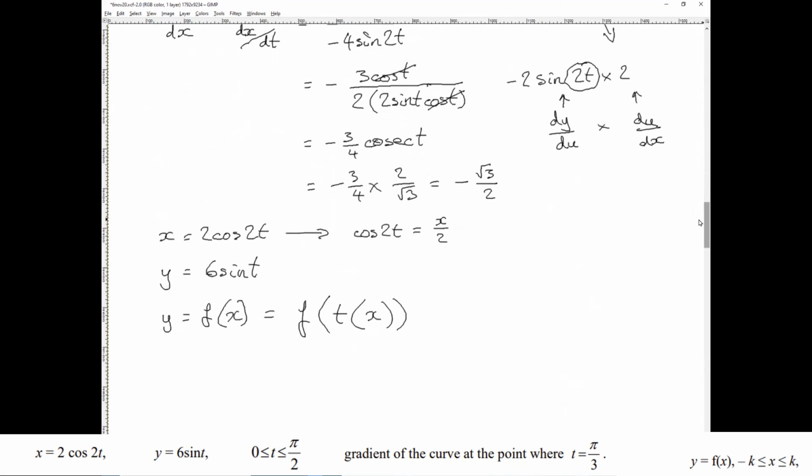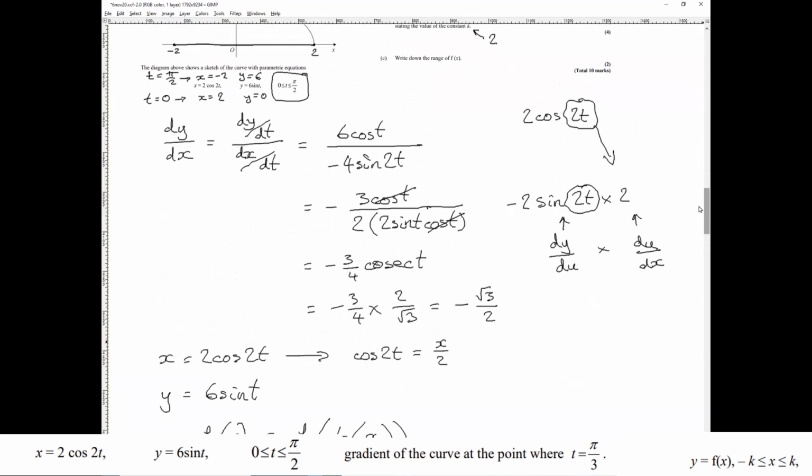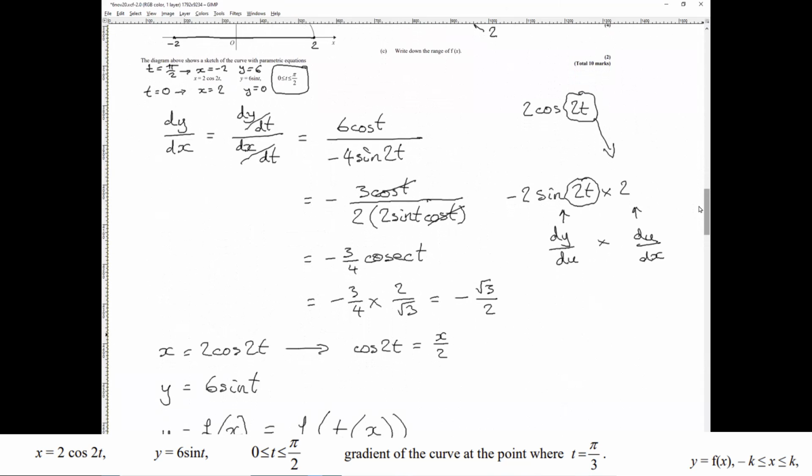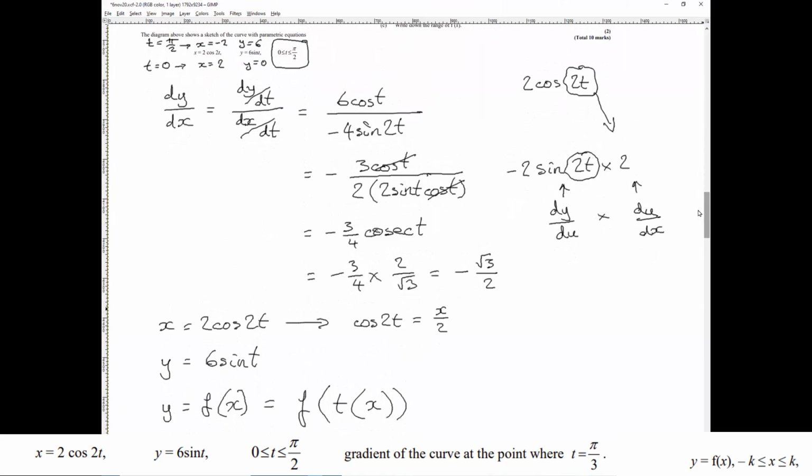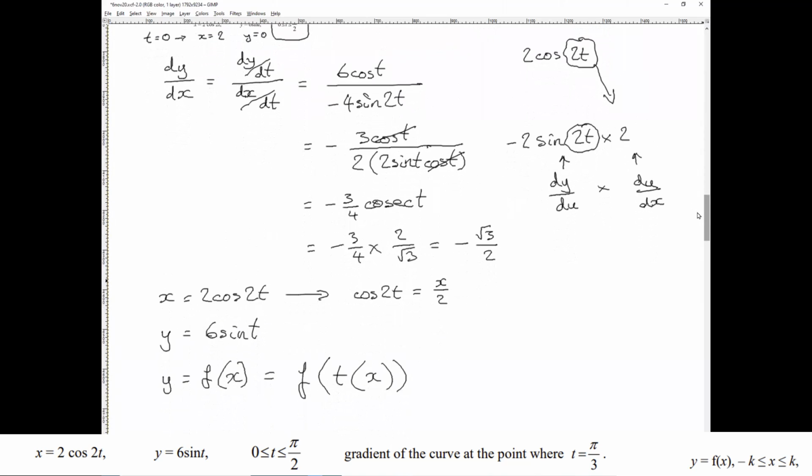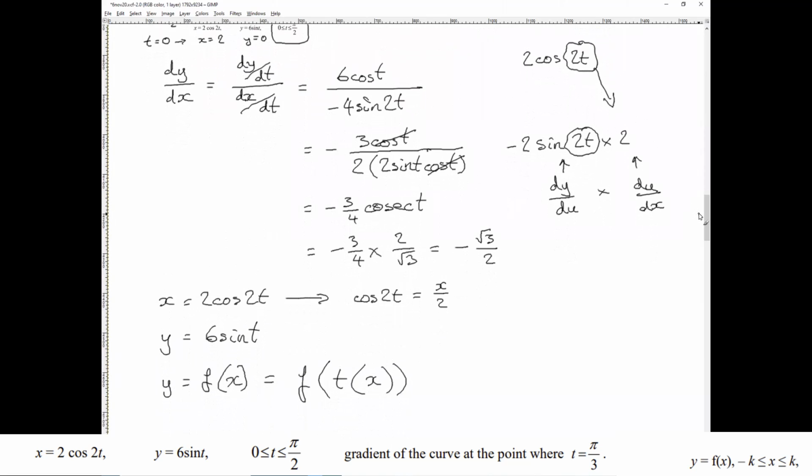Now, I think we might as well stop there. I mean, we could make t the subject here, but then, to get it closer to being sine t, we should really expand that in terms of cos and sine.